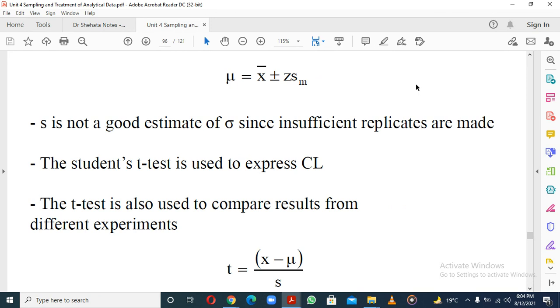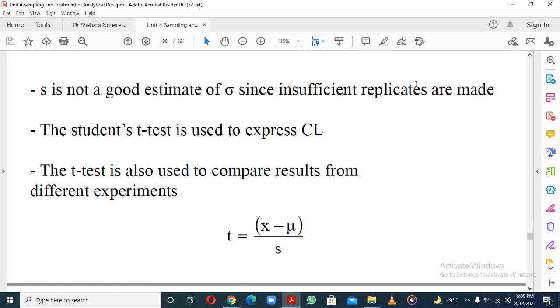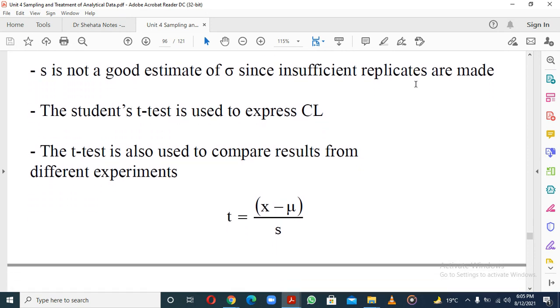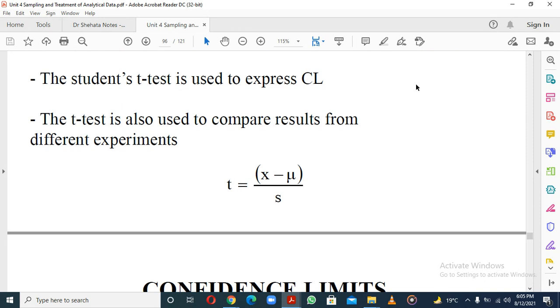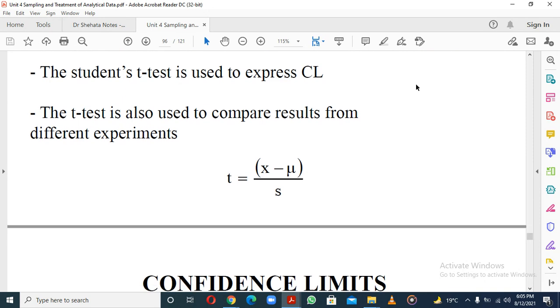Standard deviation is not a good estimate of variance, since insufficient replicates are made. So what you then do to express your confidence limit is a test that you call the student's t-test.